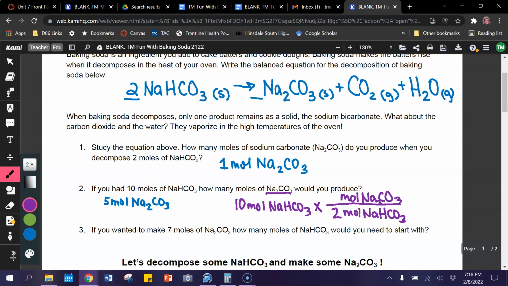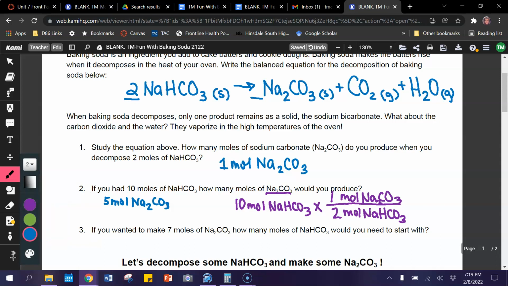I'm comparing it to sodium carbonate, so I'm going to write moles of sodium carbonate. Oops, forgot a 2 there. And if I look back at my equation, I don't have any number in front of sodium carbonate, and so that means that I have 1 mole of sodium carbonate in my equation.